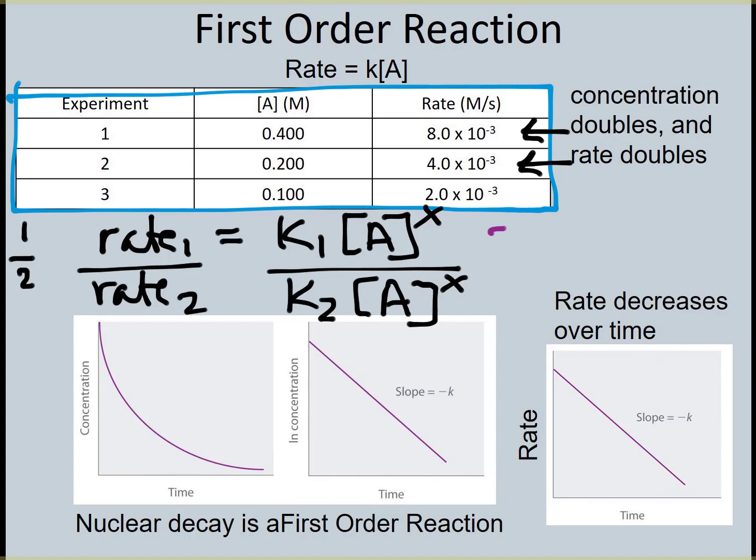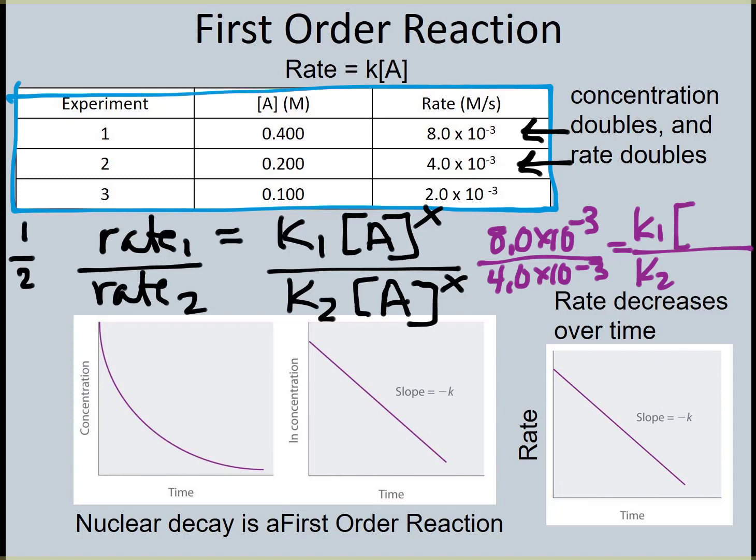So my rate of the first one, it's 8 times 10 to the minus 3 divided by 4 times 10 to the minus 3. And then I get my k1 over my k2. And my concentration is 0.4 to the x and 0.2 to the x. So I just fill in all my information.